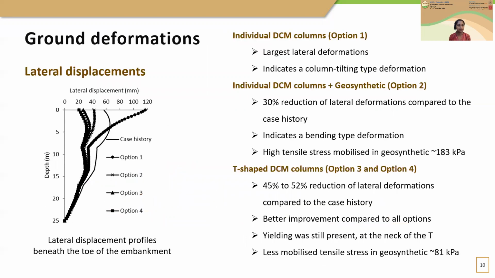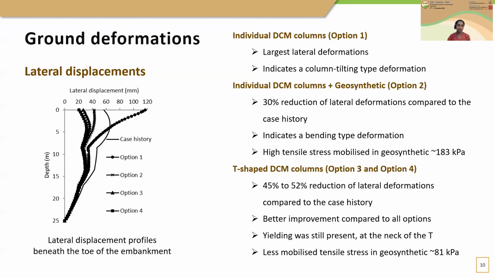Looking into the lateral displacements, the case study shows lateral displacements up to about 70 millimeters. As you can see, within the soft soil layer, the columns show a bending type failure mechanism.